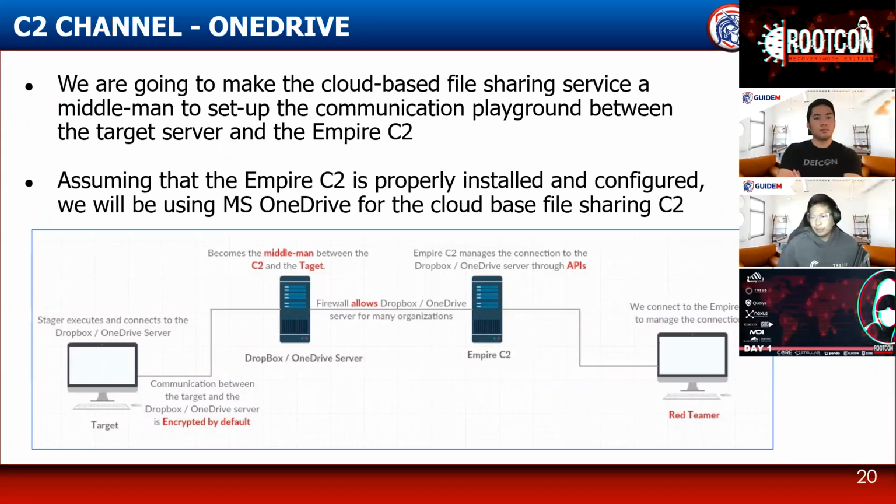We assume that Empire C2 is configured and then it can be integrated with Empire. They have an available listener and you can use it for your own experiment in order to improve your detection and know the behavior of this C2 channel.